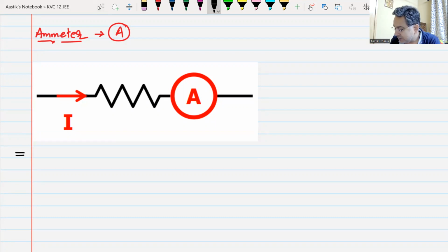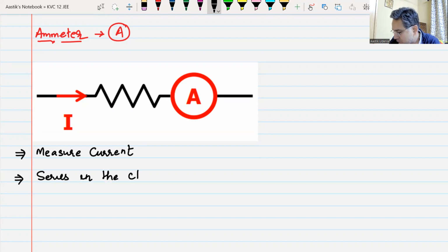The only thing that it does, it measures current. Now, to measure current, it must be connected in series in the circuit, because if it is not connected in series, it will not be able to measure current in that particular branch or that particular line.